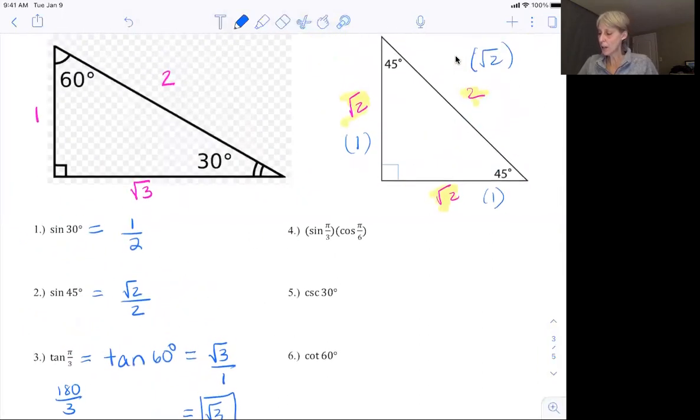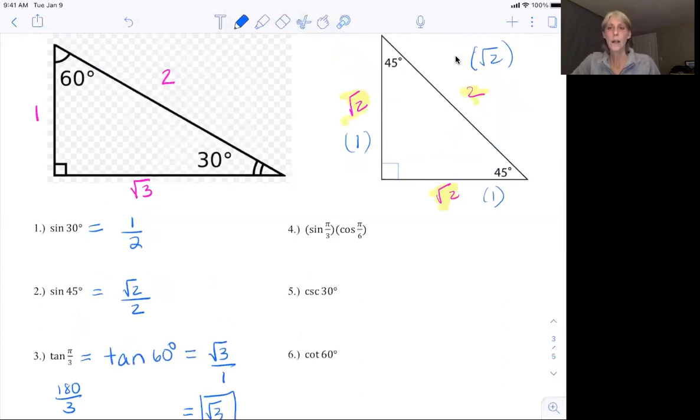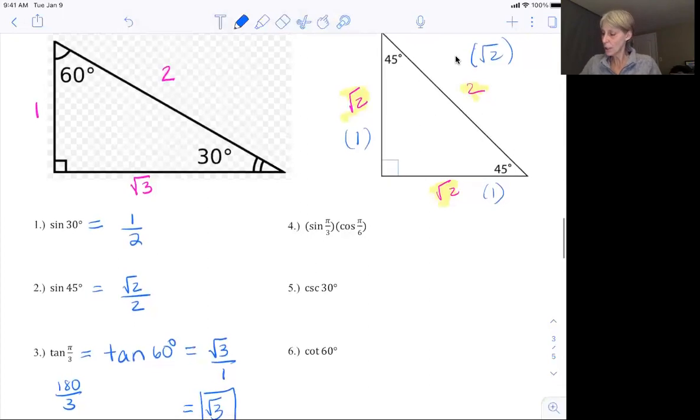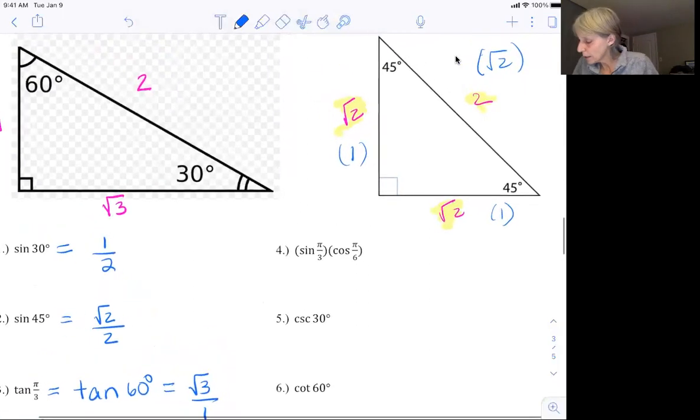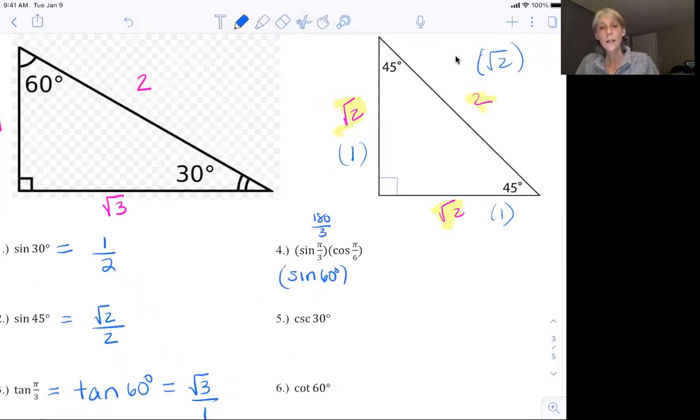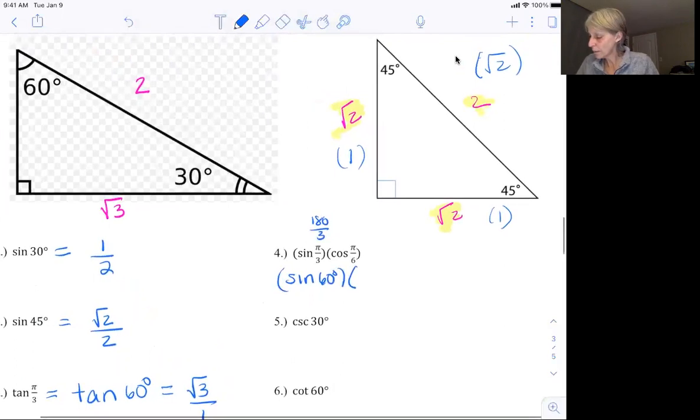Now, just like other topics that we covered in math, anything that applies to numbers applies to sine and cosine as a function. So we can evaluate trig functions. We can evaluate more complicated expressions. Just follow the order of operations and do whatever the problem says. So here, we're going to be setting up the sine. Now remember, this is 180 divided by 3, so the sine of 60 times the cosine of 180 divided by 6. So this is the cosine of 30 degrees.